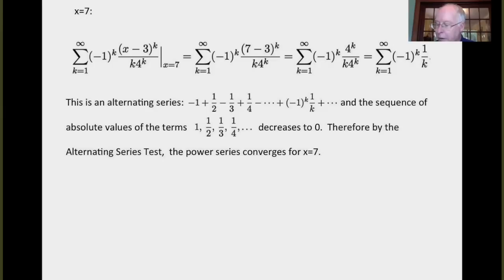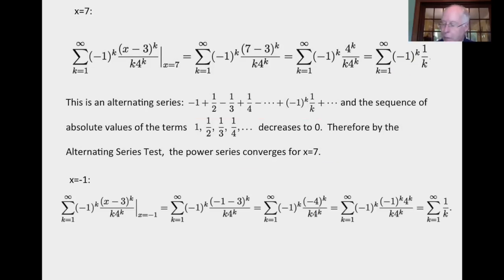The minus 1 to the k power gives us the minus plus alternation we see here, and the terms are of the form 1 over k, they're decreasing. So by the alternating series test, this series converges, and so that tells us the power series converges for x equals 7.